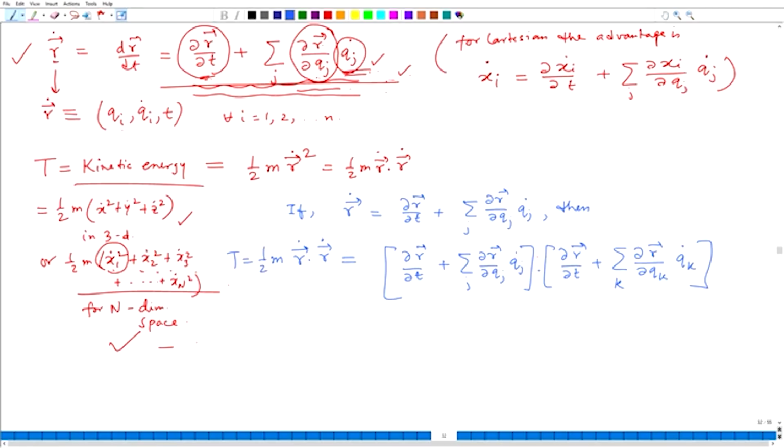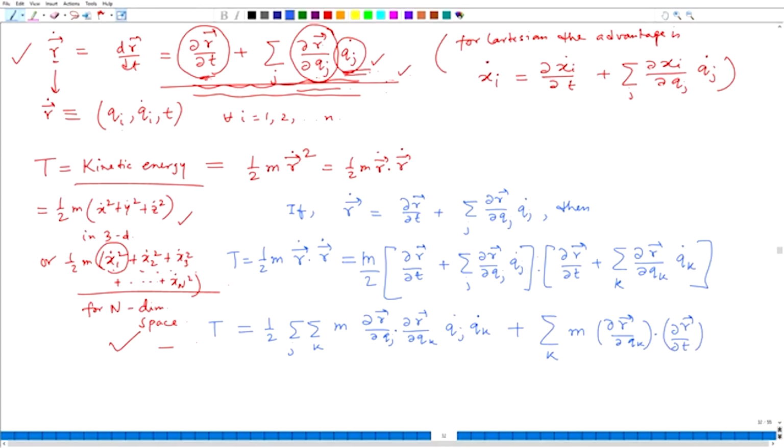So, it will be half m times this. So, it will be m by 2 the whole thing, and you will have finally the relation that T will be equal to half summation over j and k of m (∂r/∂q_j) dot (∂r/∂q_k) q_j dot q_k dot, plus summation over k of m (∂r/∂q_k) dot (∂r/∂t) q_k dot, plus half m (∂r/∂t) whole square.